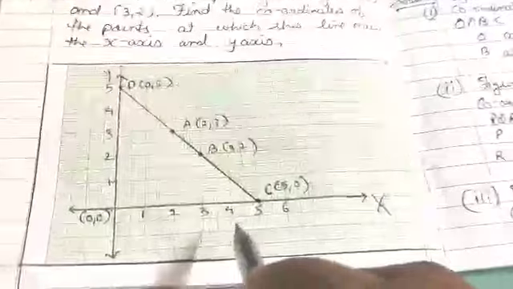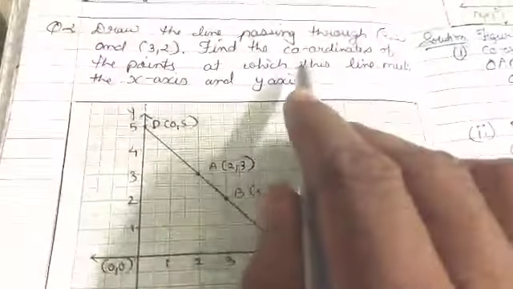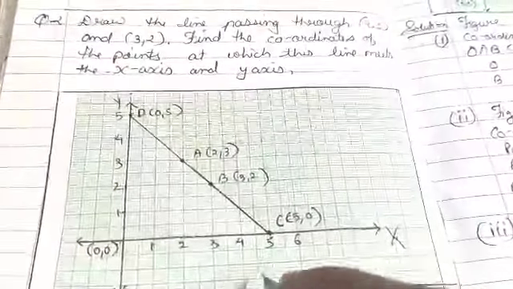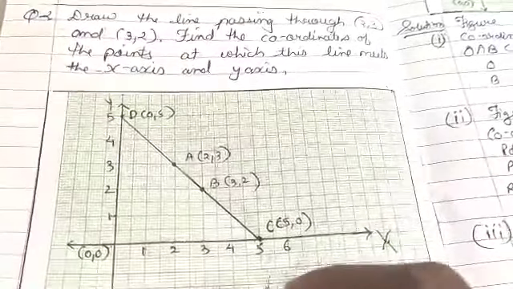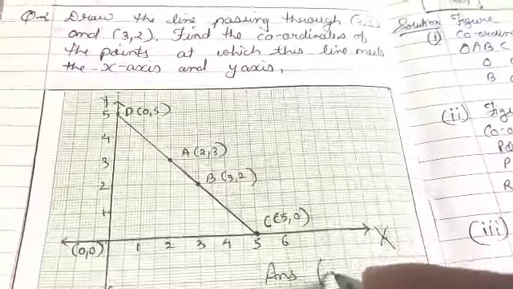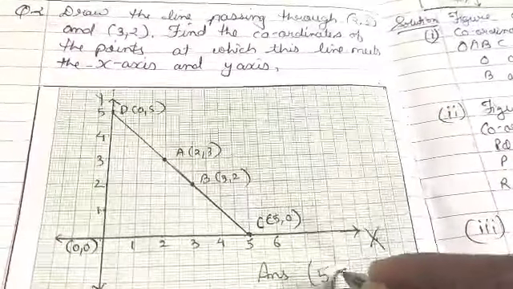So what will you write in your answer? The coordinate where the line meets will be 5 and 5.